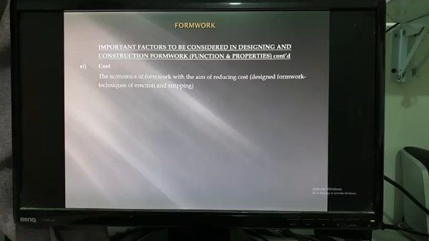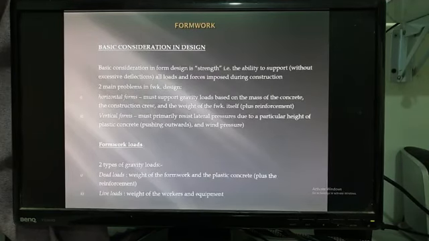If you just have small scale projects, then your typical timber formwork would do just fine. But if you are doing larger scale projects, then you might want to consider steel formwork. So in terms of the design, it must be strong.